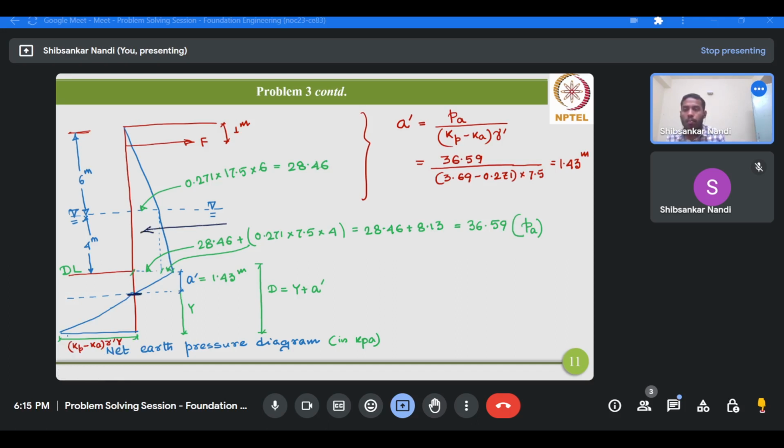Suppose this is the resultant active thrust Pa, and its location from the point where the net earth pressure becomes 0.